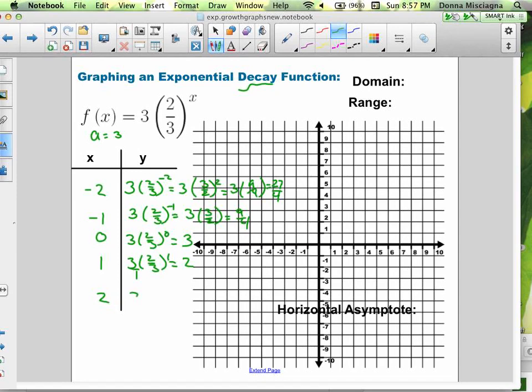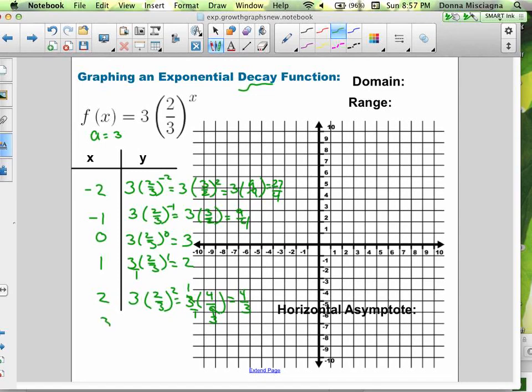And always make sure you keep going until you get less than 1. 3 times 2/3 to the second power is going to be 3 times 4/9. And that's still not going to be less than 1. We can reduce that, and that's going to be 4/3, still not less than 1.